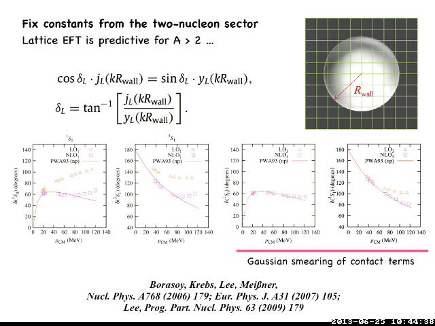The advantage of the smearing is that the difference between the leading order and the next-to-leading order is much less. This is why it's called an improvement.